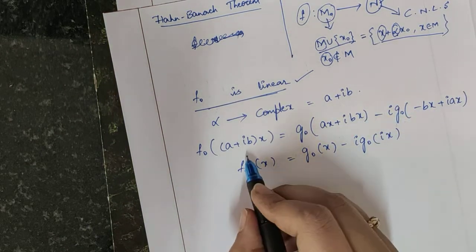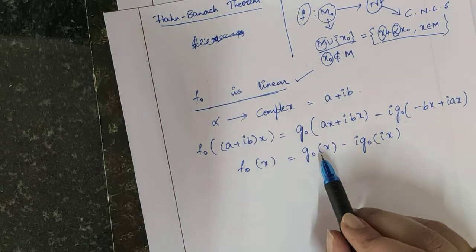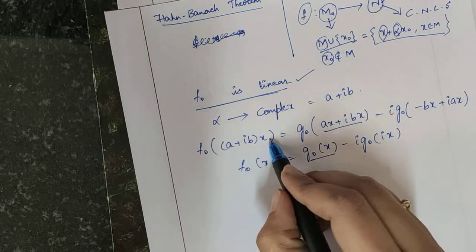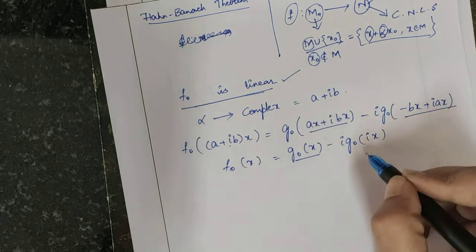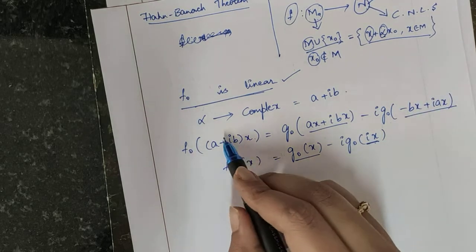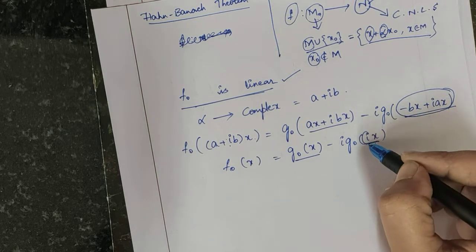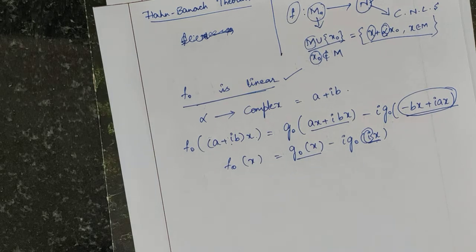So in this way we can write f0 of (a plus ib) x as g0 of x. In the place of x we have ax plus ibx. Similarly, in the place of ix, I have to substitute this. So here I have written after multiplying this imaginary i with this whole term. Okay.